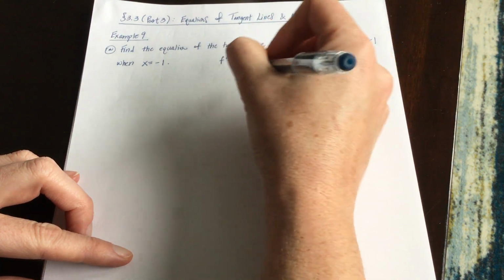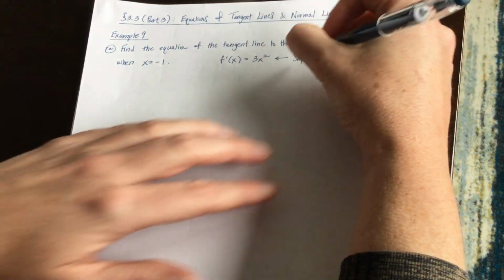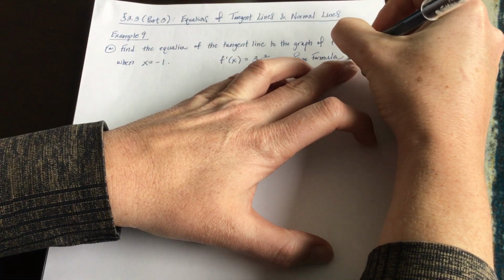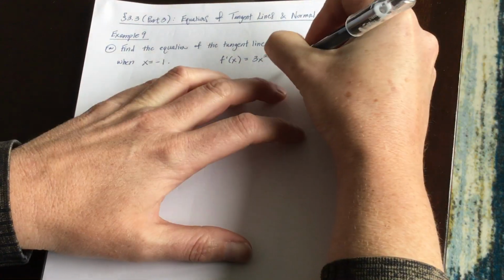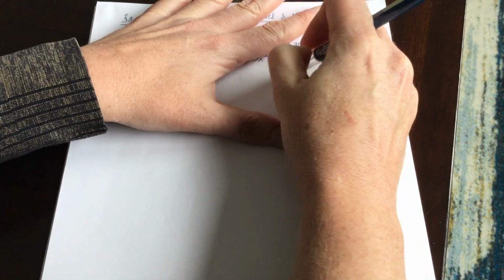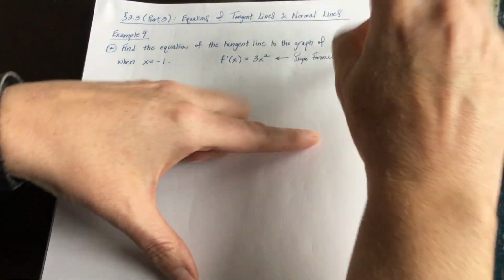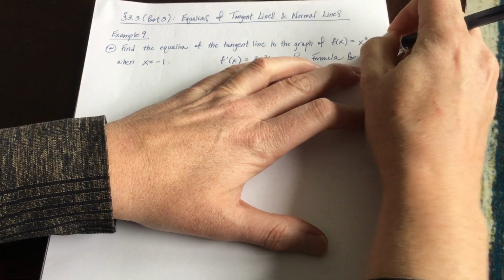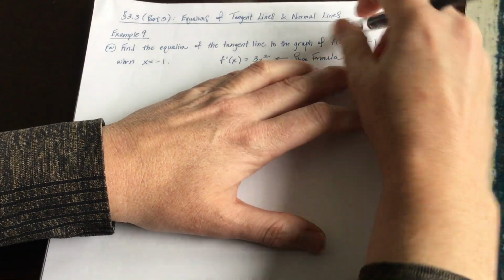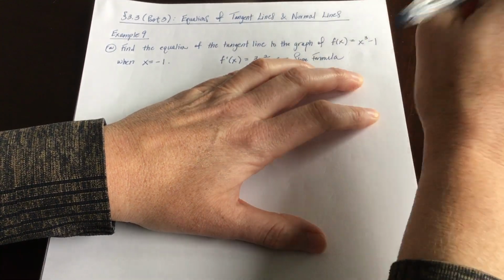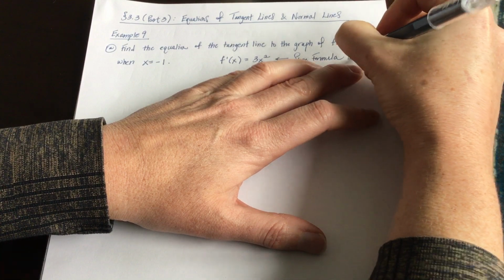So let's be clear, this is a slope formula in terms of x.